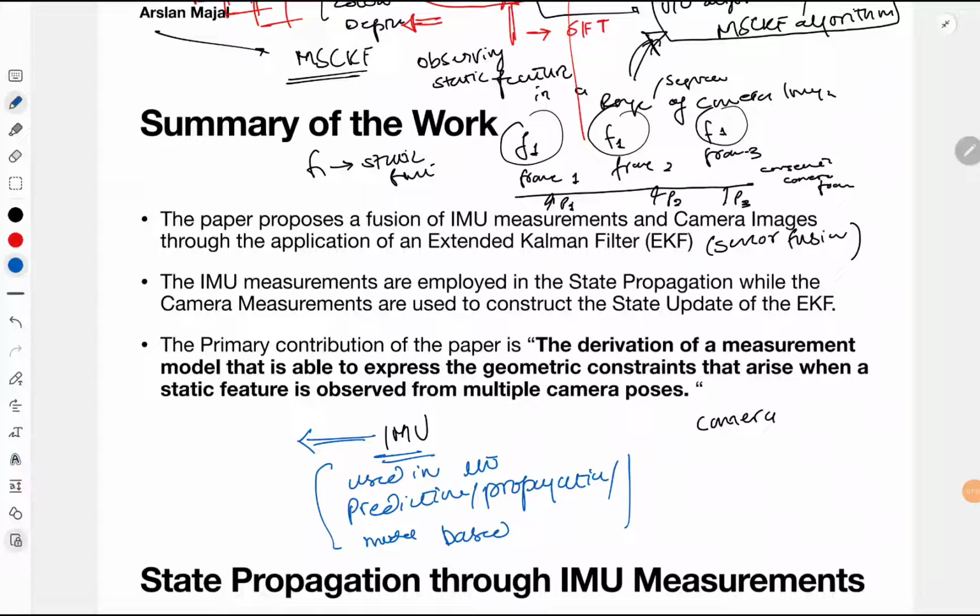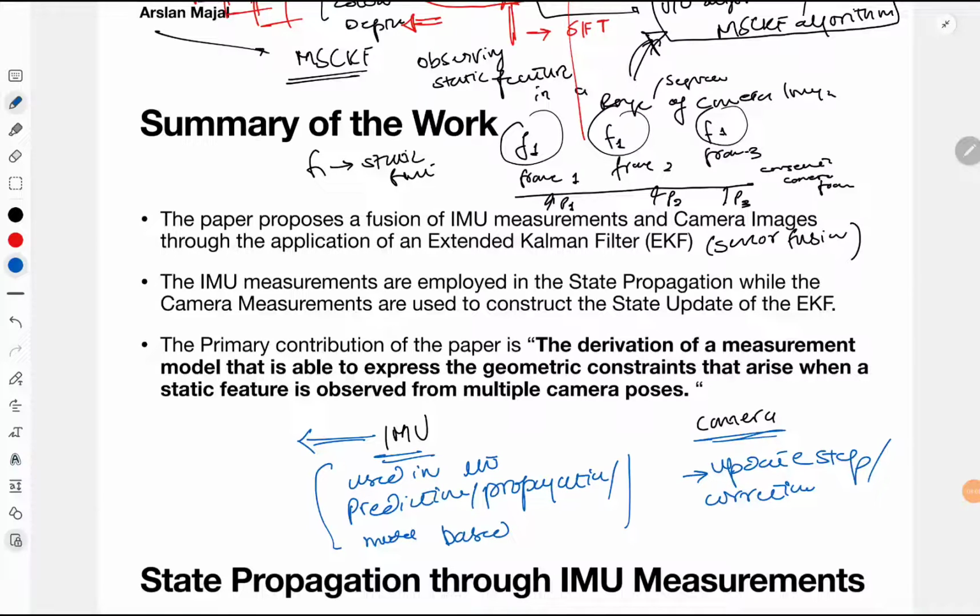Usually in the Kalman filter, when you're not doing sensor fusion, you don't use any data in the models, but in sensor fusion you use the IMU data in the prediction step, and you use the camera data in the update step, or the correction step. These are both names for the same thing.